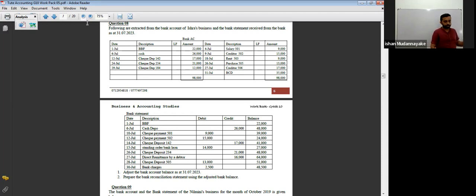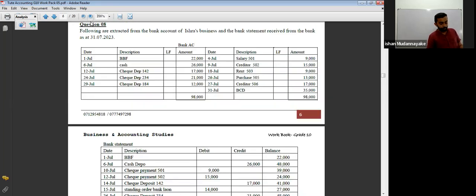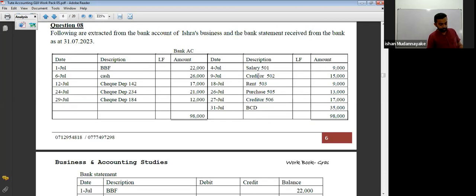In page number 6 you can see the bank account of the business organization, and in page number 7 you can see the bank statement sent by the bank. This is the bank account prepared by the business organization.